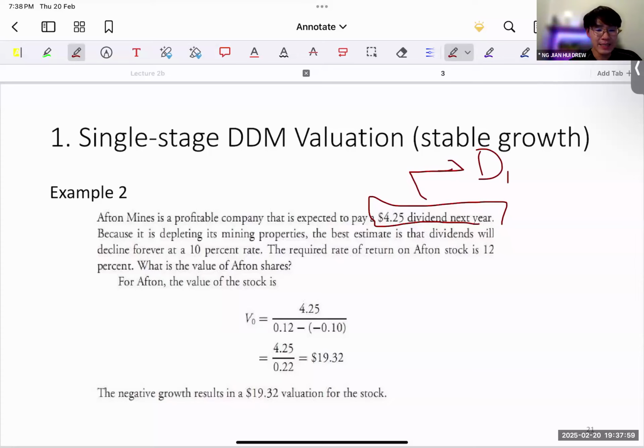The best estimate for dividend is that it will decline forever at 10%. The required rate of return is 12%. Since it's a decline, please remember to put the negative here. And because it's a negative, minus times minus goes positive. So at the end of the day, the valuation of this stock is 19.32.